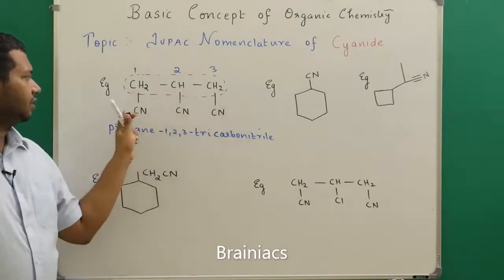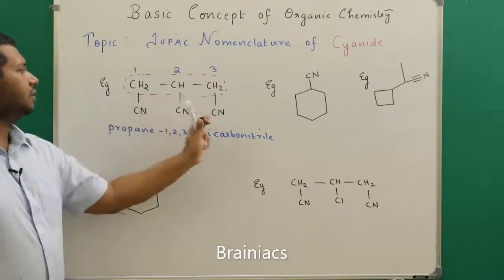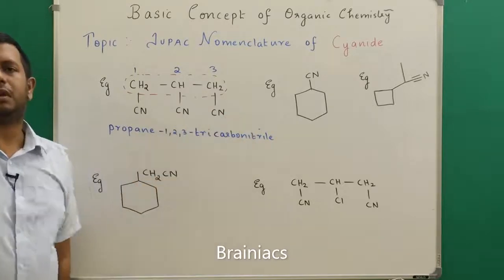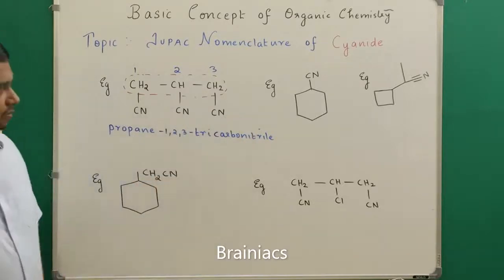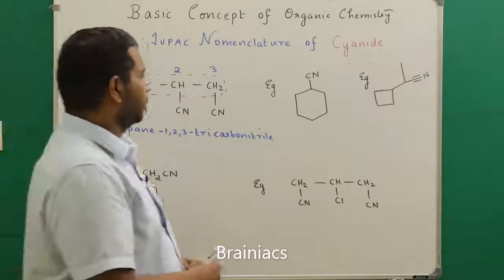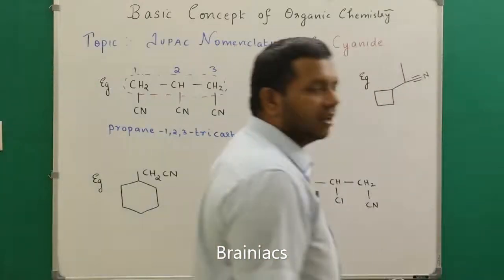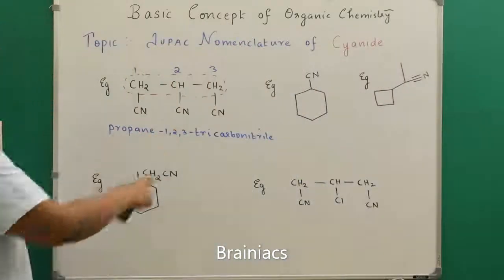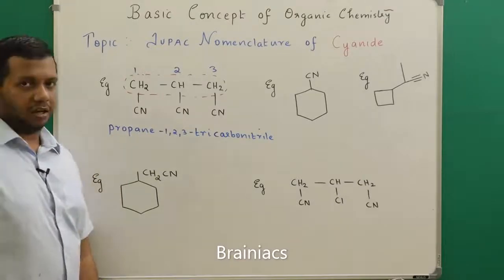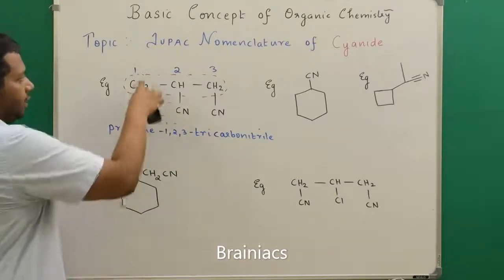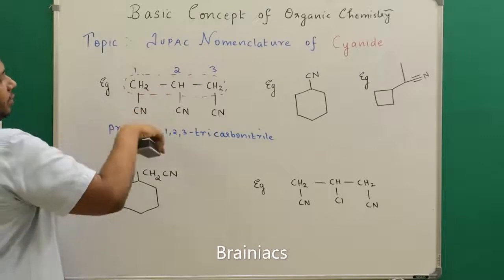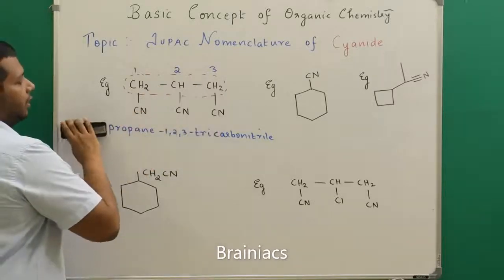Since 3 are similar, we use the term tri. Then the secondary suffix carbonitrile. Understood? Now for the next one, I should rub this. There is not enough space. I hope you have noted down propane-1,2,3-tricarbonitrile.